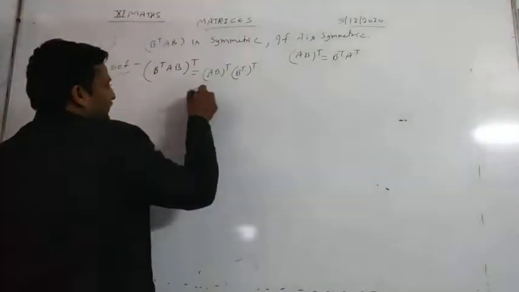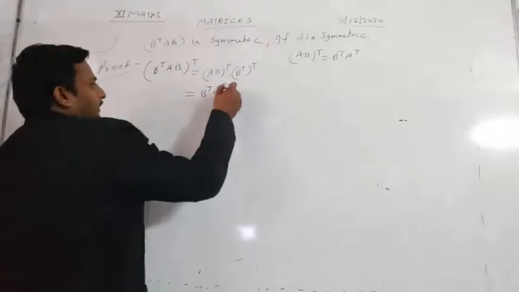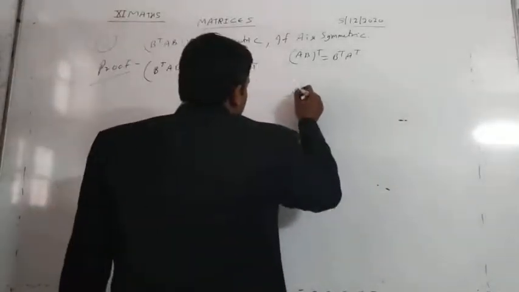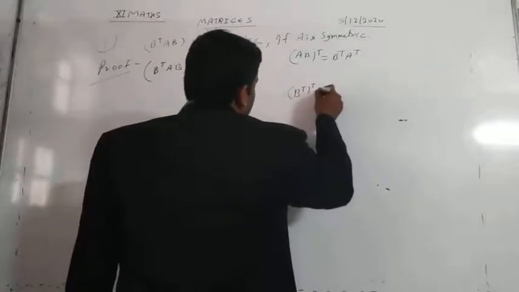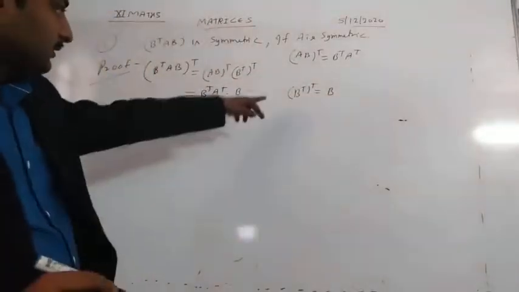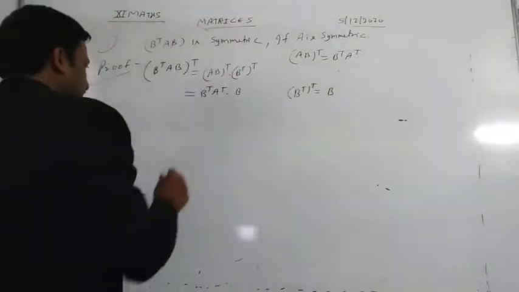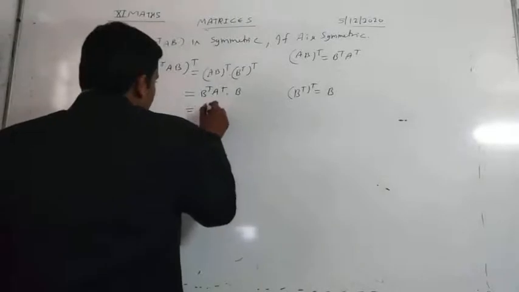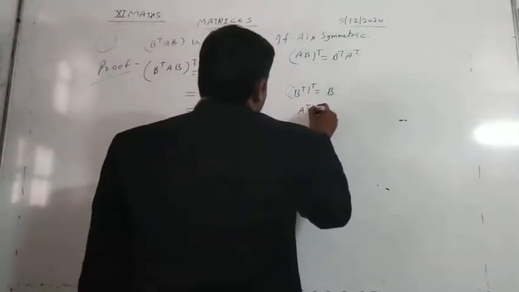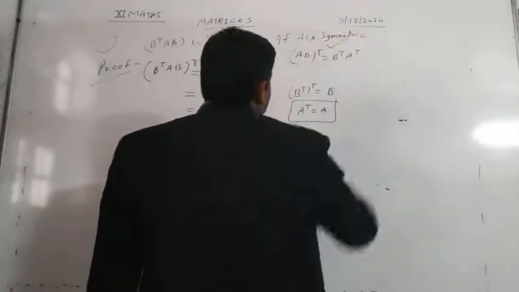Now again here is AB transpose. So you can write B transpose A transpose, and B transpose whole transpose will be equal to B, because the transpose of the transpose is the matrix itself. Now, A transpose is A, because we are given that A is symmetric.